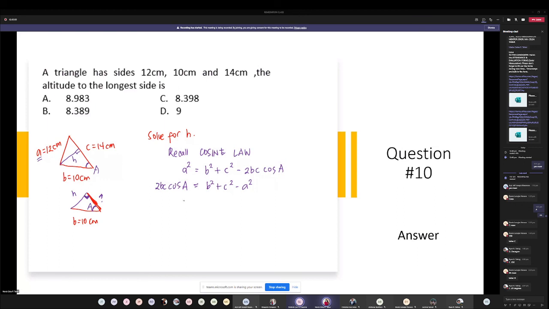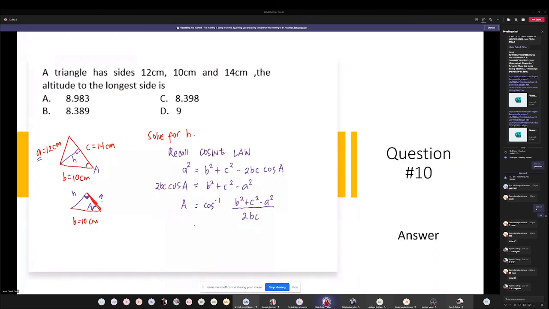So A therefore is equal to, divide everything by 2BC and then get the arc cosine. Well, just put the final equation here. It should be B squared plus C squared minus A squared, then divided by 2BC. And it should be arc cosine, because if you just divide it by 2BC, it's equal to cosine A. So to solve for A, you need to get its arc cosine.